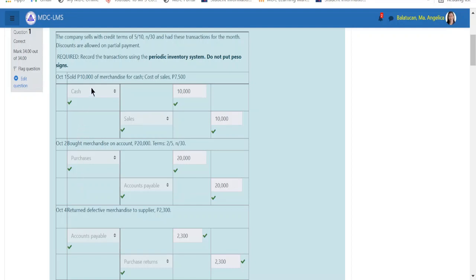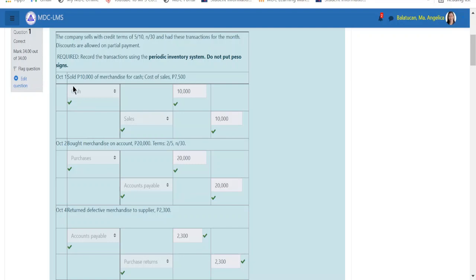October 1, sold 10,000 of merchandise for cash. The cost is 7,500. If it's a periodic inventory system, remember that we are using accounts such as purchases, purchase returns, purchase discounts, and freight in, in contrast with the perpetual inventory system, that instead of recording purchases, purchase returns, purchase discounts, freight in, we use the account inventory.